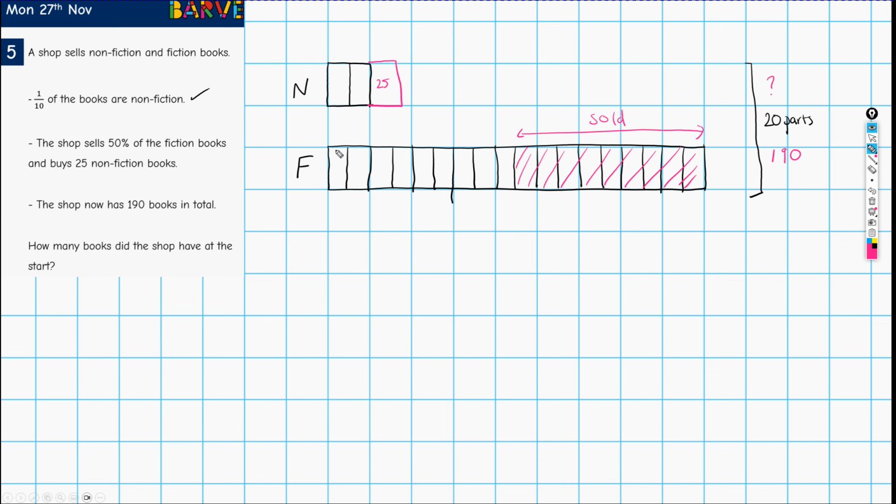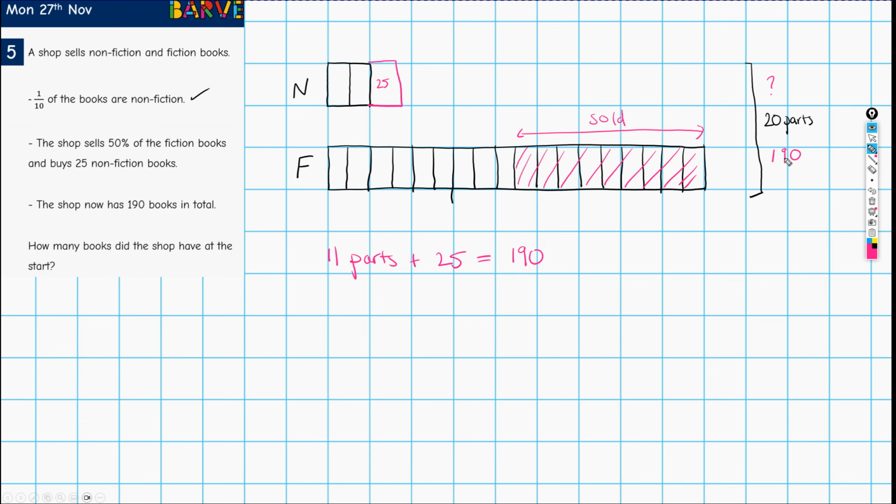So how many parts have we got here then? So what have we got? We have got equal size parts. So 2, 4, 6, 8, 10, 11 parts. We have 11 parts plus 25 equals this 190. So, and we want to be able to get a value for the equal parts.